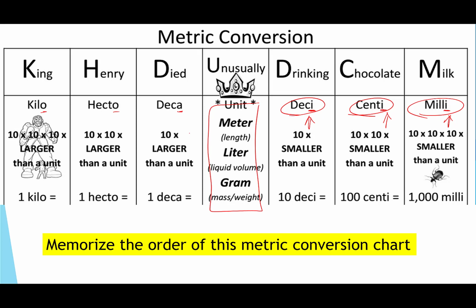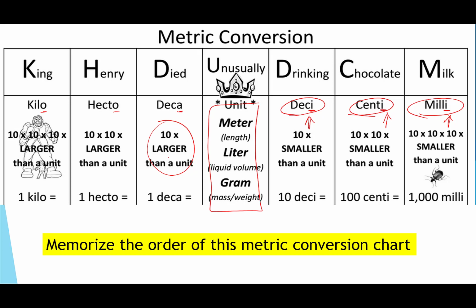You can see on the chart, a decagram is 10 times larger than the unit of a gram, and a hectogram is 100 times larger than the unit gram. On the other side, a centimeter is 100 times smaller than a regular meter stick.